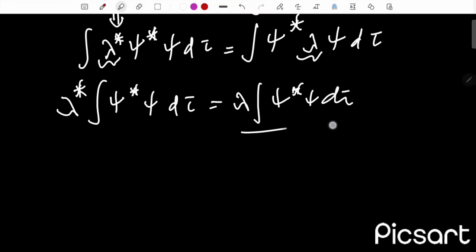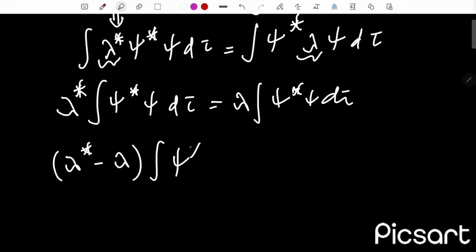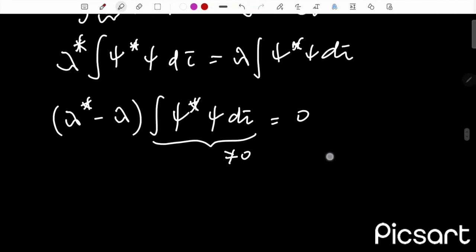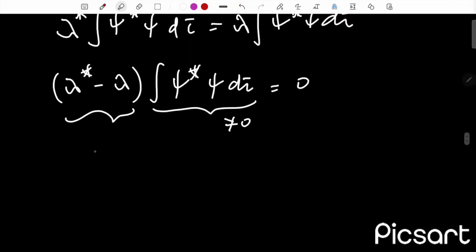And we can take this expression from the right hand side to the left hand side, and we have now lambda star minus lambda times the integral of psi star psi d tau equal to 0. This integral is different from 0, then the other factor must be equal to 0, so that lambda star is equal to lambda.